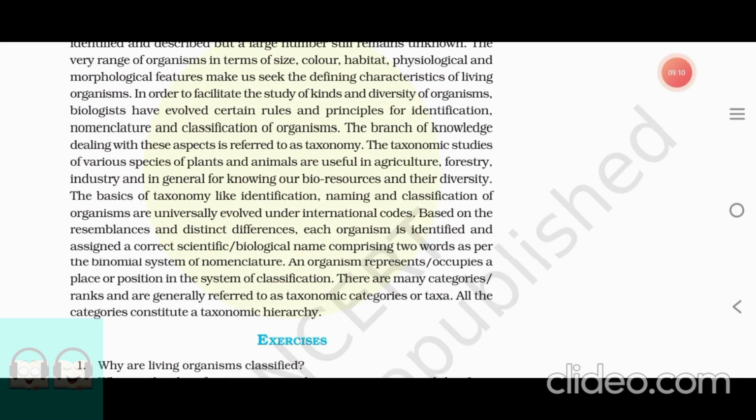Based on the resemblances and distinct differences, each organism is identified and assigned a correct scientific or biological name comprising two words as per the binomial system of nomenclature. An organism represents or occupies a place or position in the system of classification. There are many categories or ranks and are generally referred to as taxonomic categories or taxa. All the categories constitute a taxonomic hierarchy.